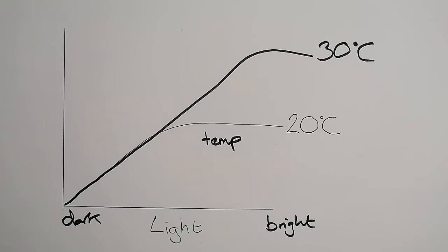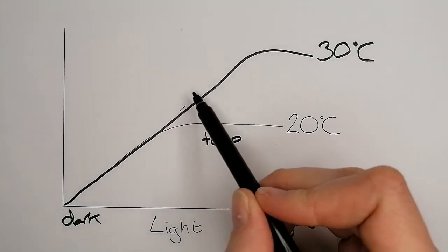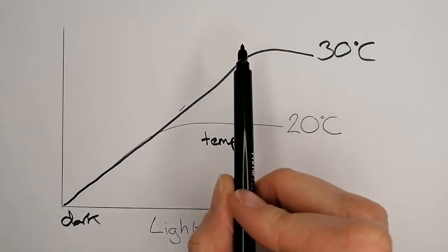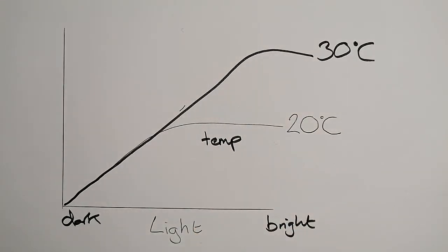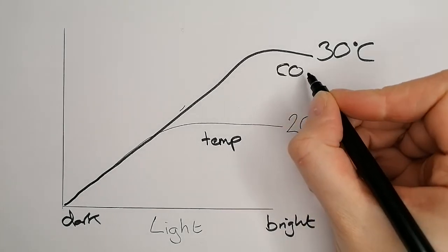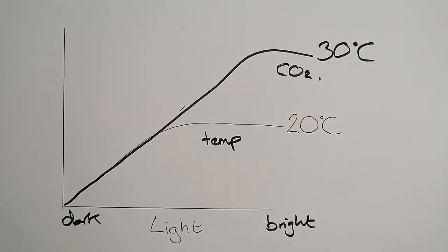So because temperature was not limiting, that plant could respond to even more light than it could before at 20 degrees. And because it could use more light, because it was now warmer, it could keep increasing, and then it would get to a point where something else would be a limiting factor. For example, it might be the amount of carbon dioxide. So if now carbon dioxide is the limiting factor, in theory what we could do is keep at 30 degrees and up the amount of carbon dioxide.